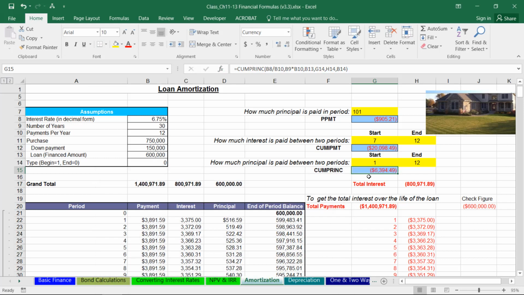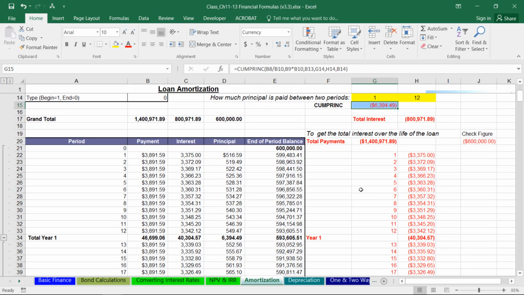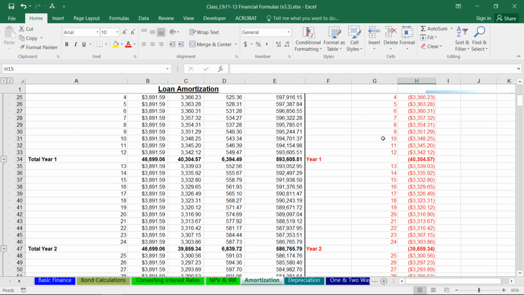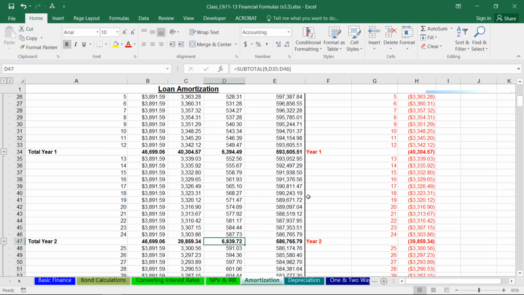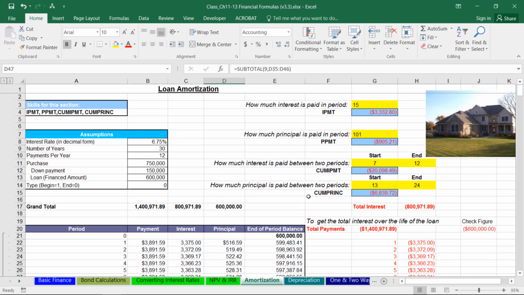So in the first year, the principal will be $6,394.49. So we agree. Again, we can change this to get the second year, which would be 13 through 24. And it looks like in the second year we'll pay $6,839.72. Thus you can pull up any period that you want.